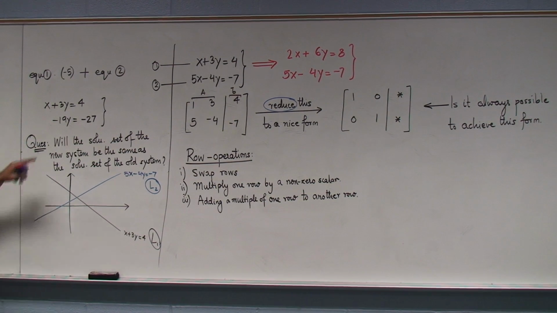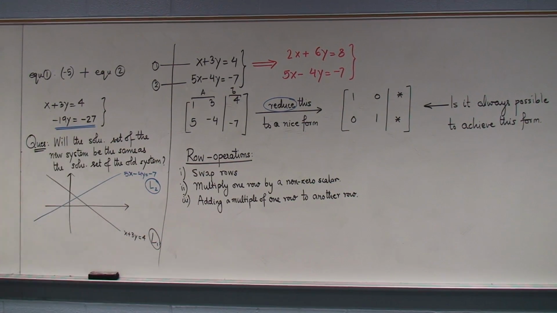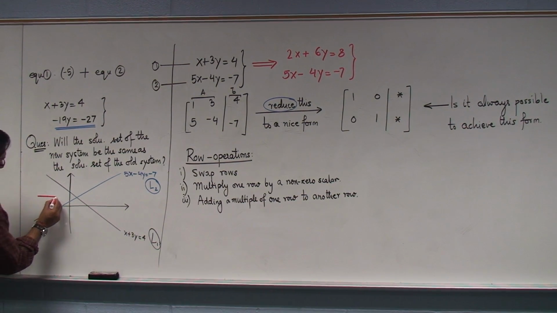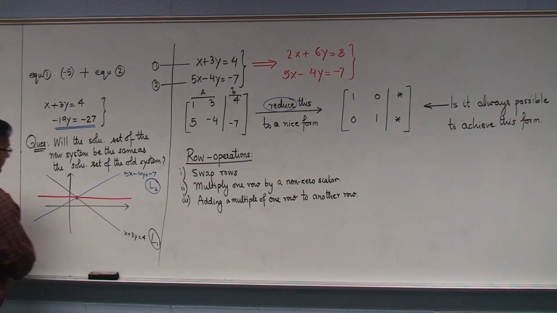Now, let us ask ourselves, how did we get this new line, which we are calling minus 19y is equal to minus 27? If I plot this line, it turns out to be a horizontal line which exactly passes through this point.